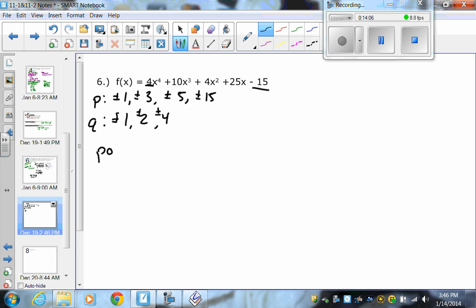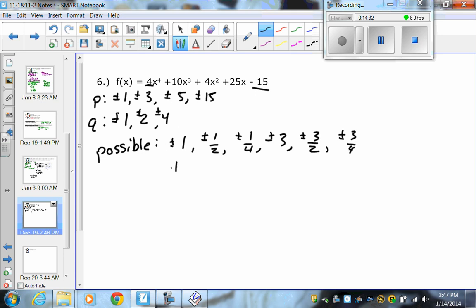So all of our possible roots are going to be 1 over 1, which is just 1, 1 over 2, 1 over 4, 3 over 1, which is just 3, 3 over 2, and 3 over 4.